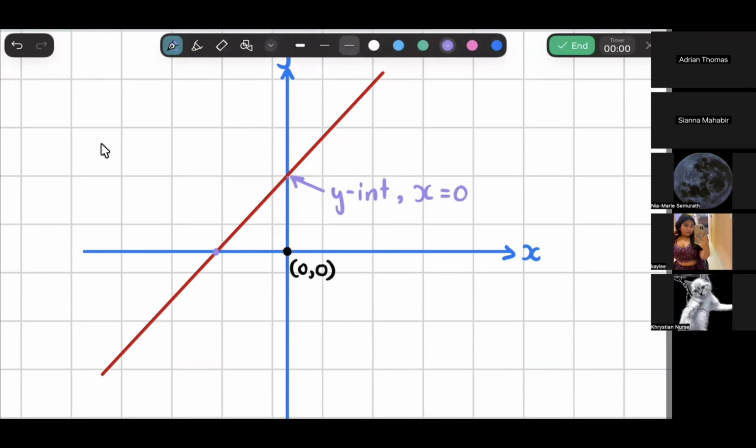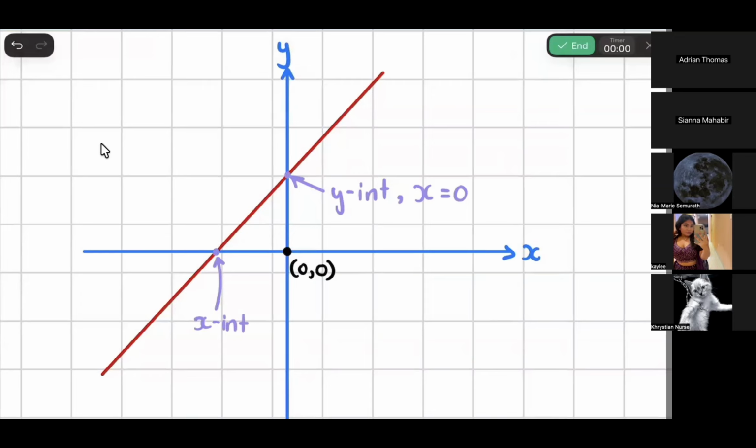And over here, the graph is cutting the what axis? Anybody could answer. x. Right. So I'd call this the x-intercept. If I'm starting at the origin and I want to go to this point, what movement would I take? Vertical or horizontal? So I want to go from here to here.